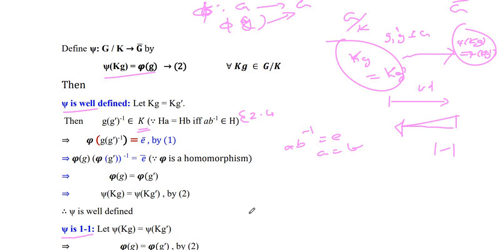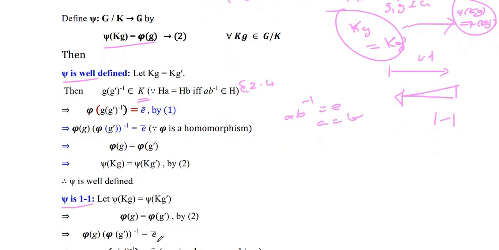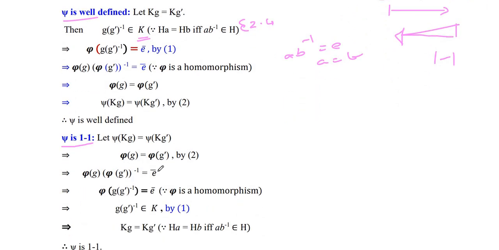Now that in turn gives, by the definition using 2, phi of g equals phi of g prime. Post-multiplying both sides by phi of g prime, the whole inverse, we have the identity element in G bar. All these are taking place in G bar. So the identity element in G bar being e bar, we write e bar here. And because phi is a homomorphism, you have this step.